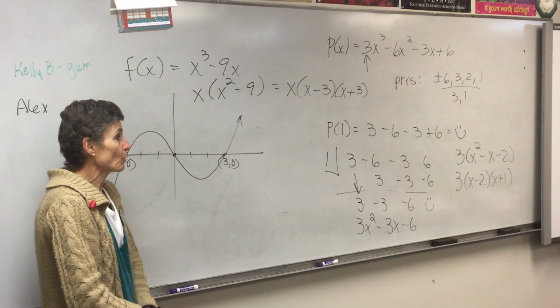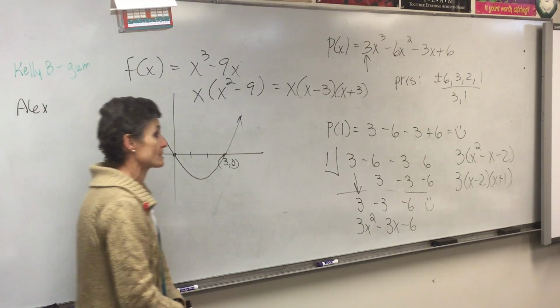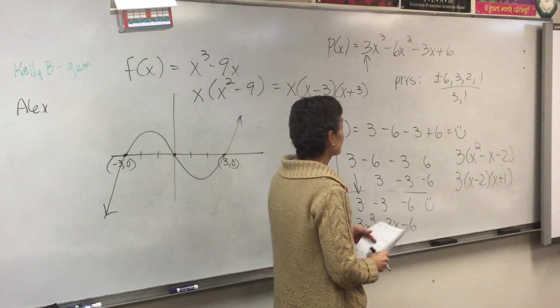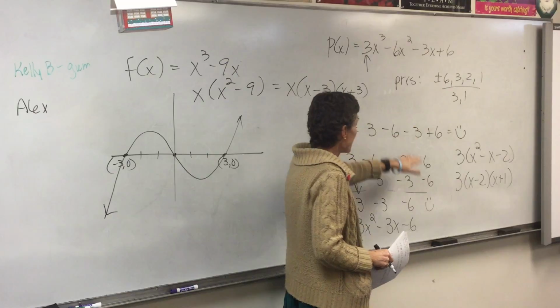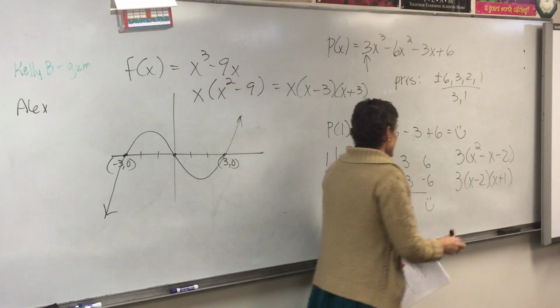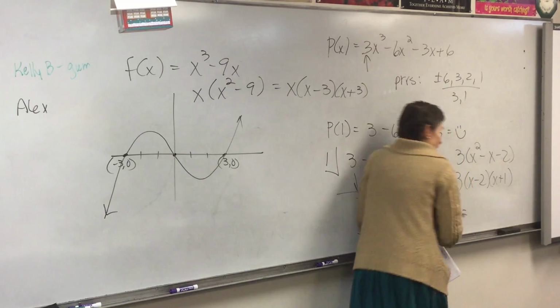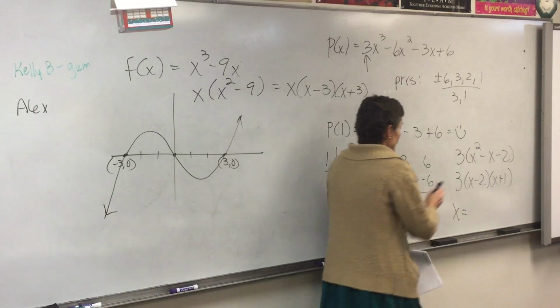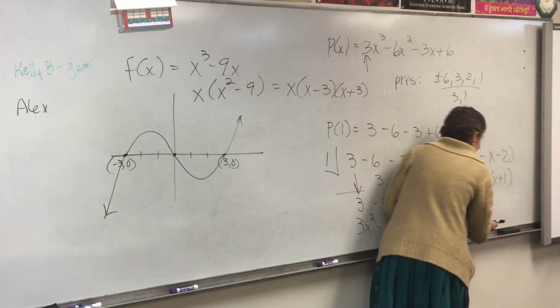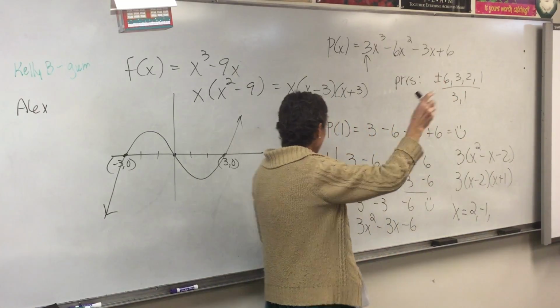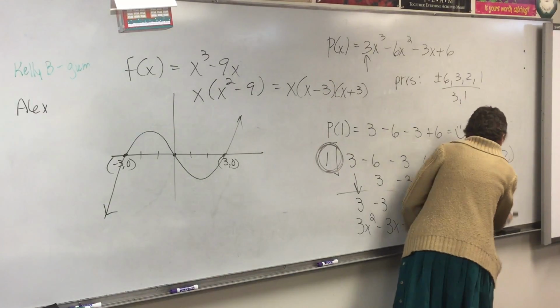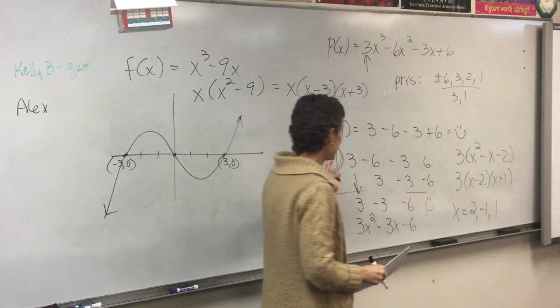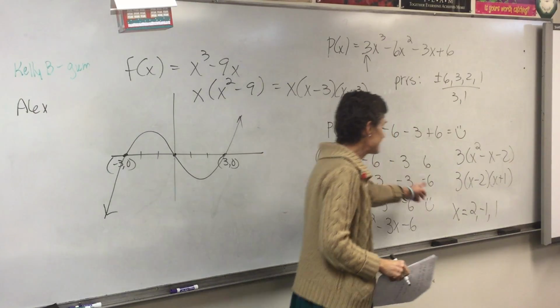So we need to write the actual roots now. The question said, list the PRRs, possible rational roots, did it. Now do the actual roots. So what do we put in the answer blank? X equals what? 2, -1, and 1. Don't forget, the 1 you guessed is a 0.